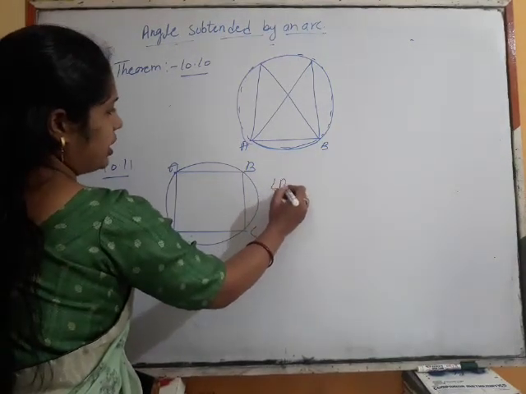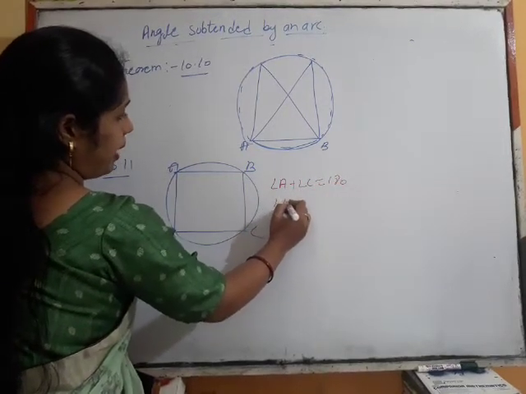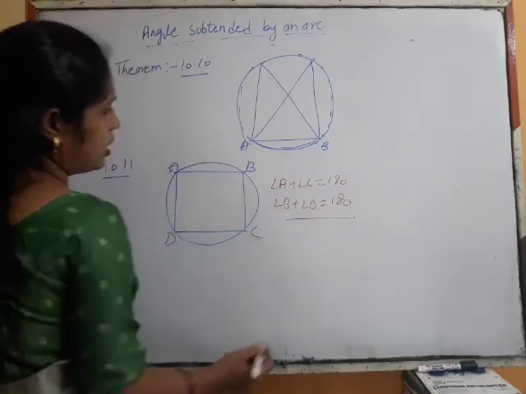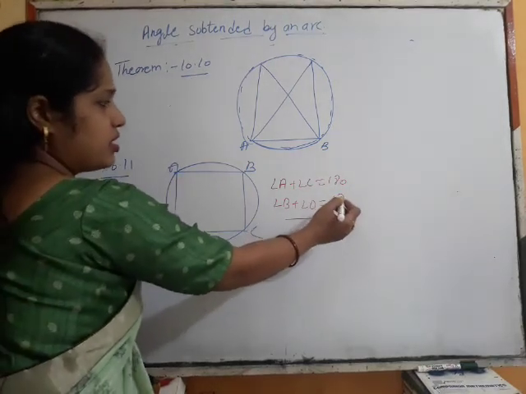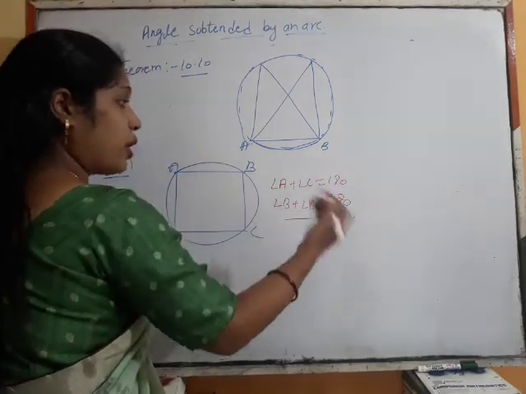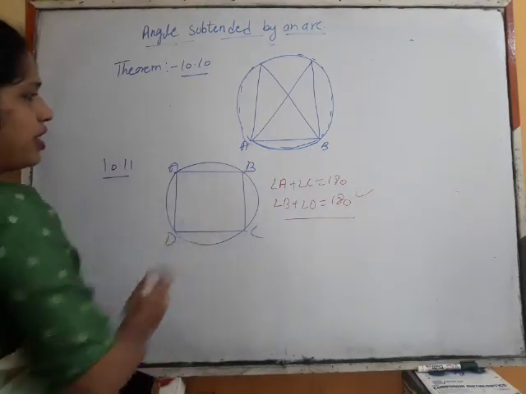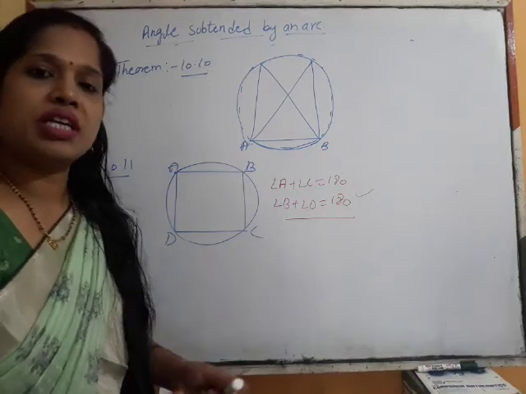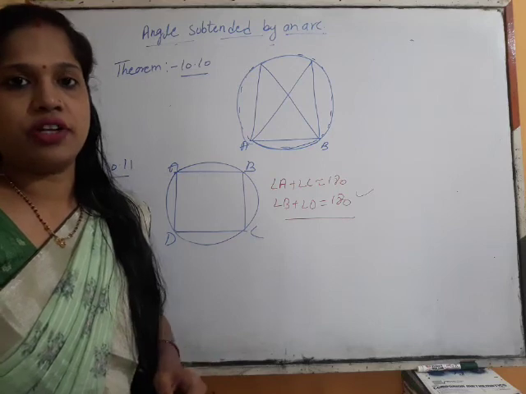According to the theorem, angle A plus angle C equals 180 degrees and angle B plus angle D is also 180 degrees. If this result holds for a quadrilateral, then we can say that the quadrilateral is cyclic. I hope you have understood all these concepts and theorems. We'll discuss the exercise based on this concept in the next video. Thank you.